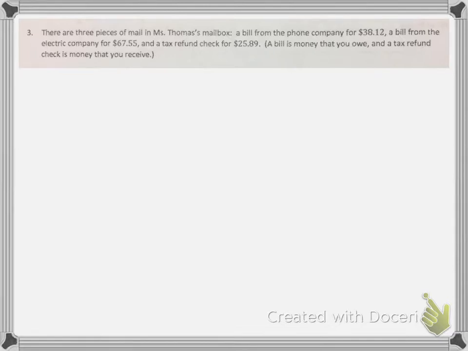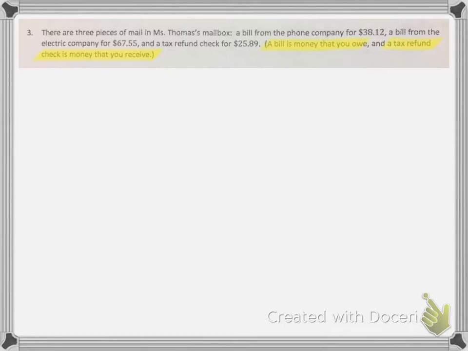There are 3 pieces of mail in Mrs. Thomas's mailbox: a bill from the phone company for $38.12, a bill from the electric company for $67.55, and a tax refund check for $25.89. And just a note here, a bill is money that you owe, and a tax refund is money that you receive. So we're going to use that information to help us decide whether we have positive or negative numbers.